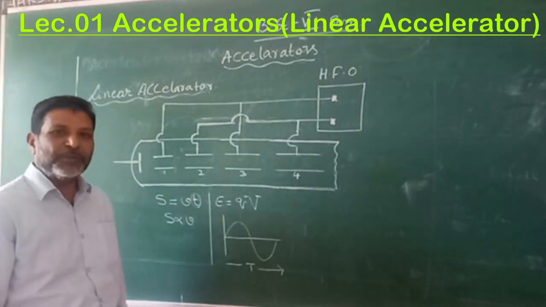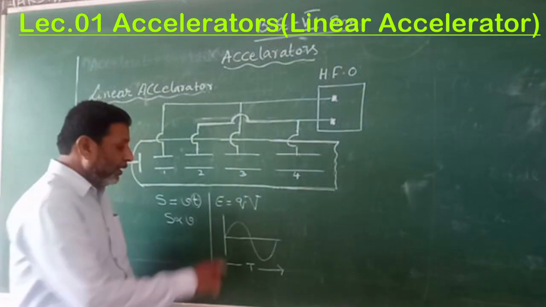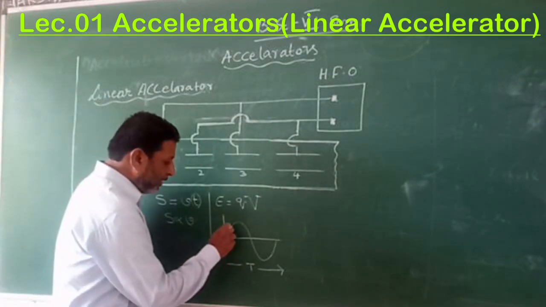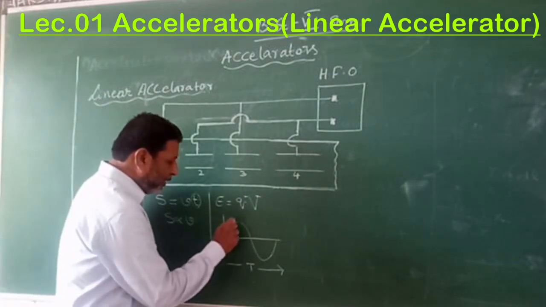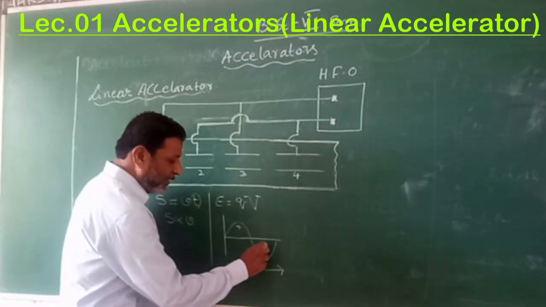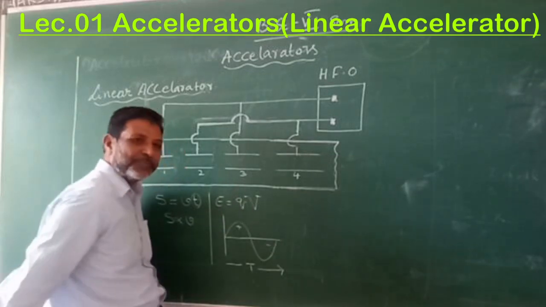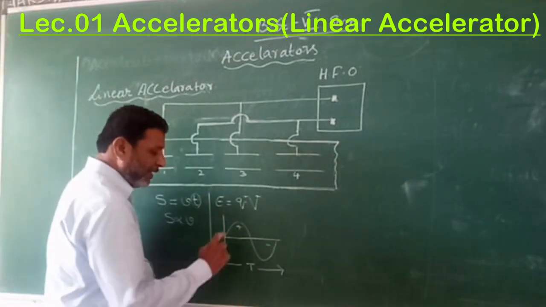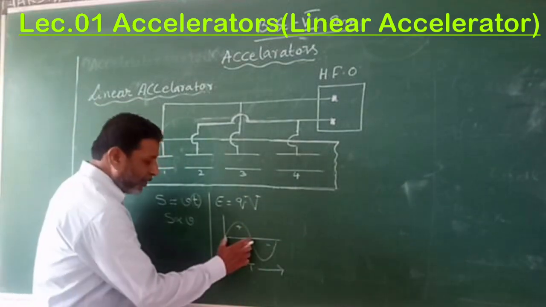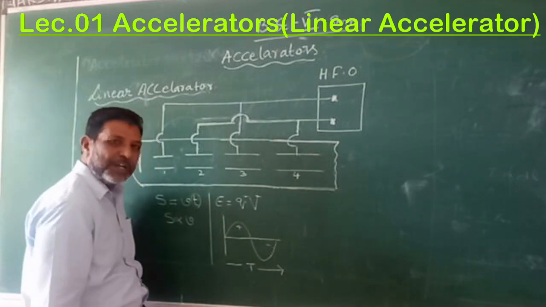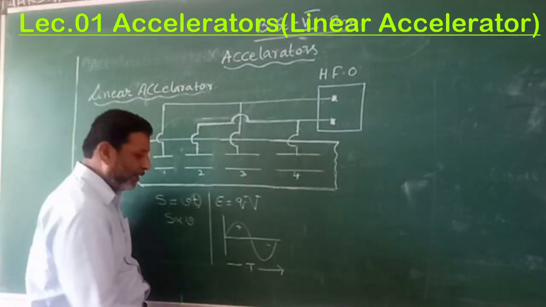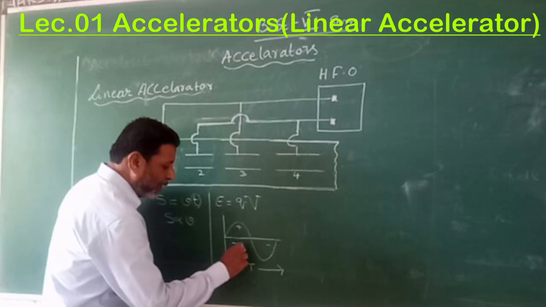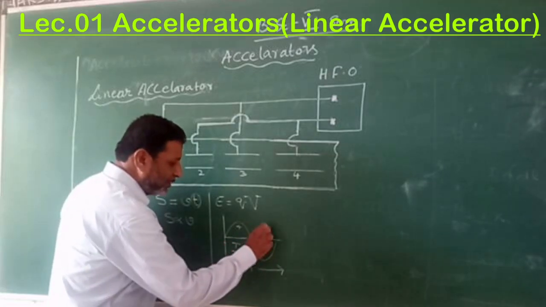When you consider this as a positive half cycle, this is a negative half cycle. Here, the time taken to complete one cycle is T. From here to here, it is half of the periodic time, that is T by 2. And the remaining T by 2 is this.